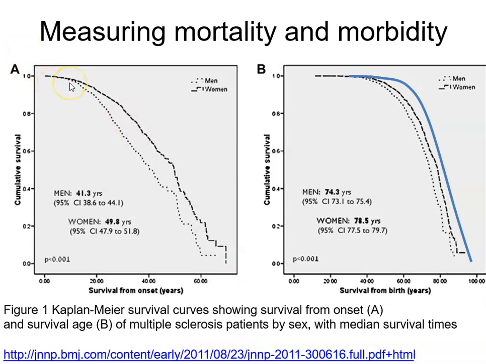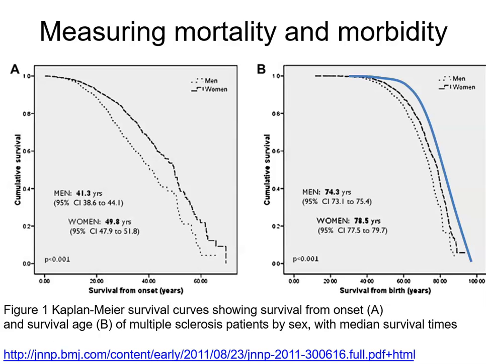I think this is a Canadian population, and you can follow this curve and ask the question, what is the 50% survival? So how many years from onset of symptoms or diagnosis would you expect 50% of patients to have died?